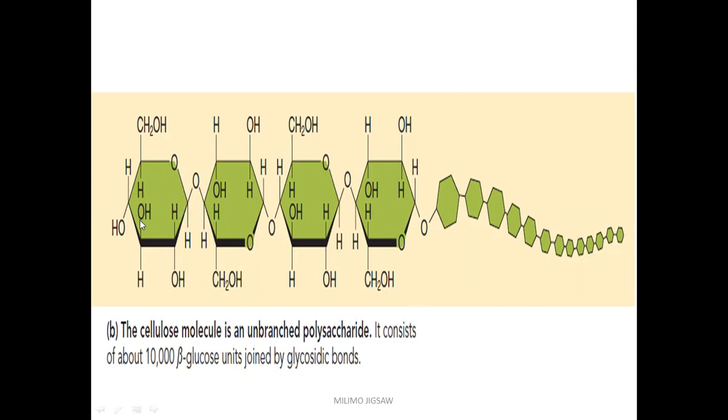So remember I said that the adjacent glucose monomers are flipped 180 degrees. So remember this is carbon 6. And then the next glucose monomer is here, and the carbon 6 is here.